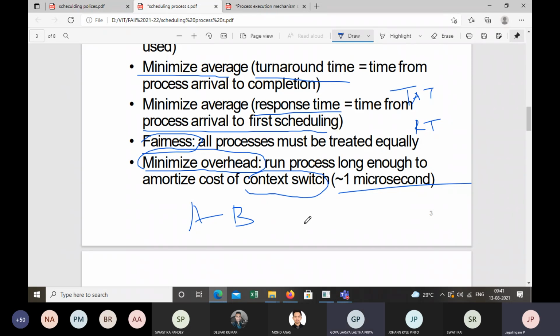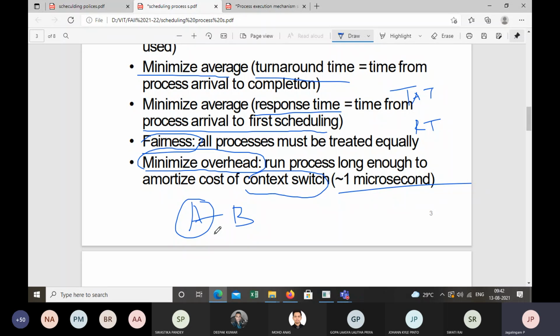Sir, so here the total code is running in process A, right? Like without a context switch, in only one process, the total code is executing. Yeah, the total code is executing. But the point here is that the operating system should not switch continuously. Only if it is required, it has to make a context switch. Okay, sir.